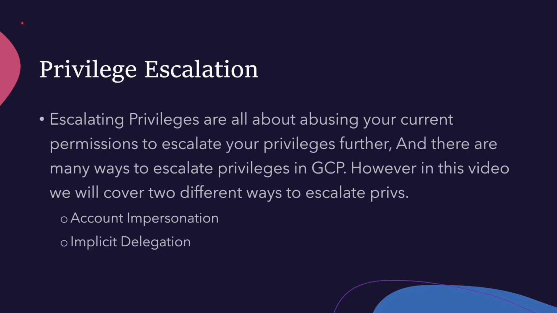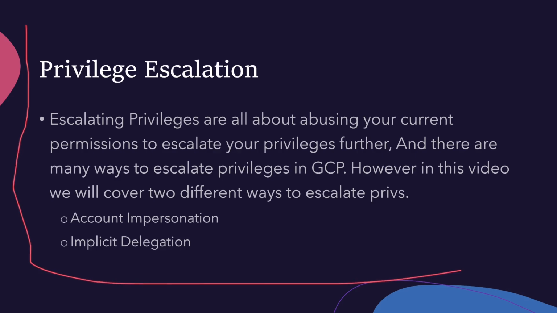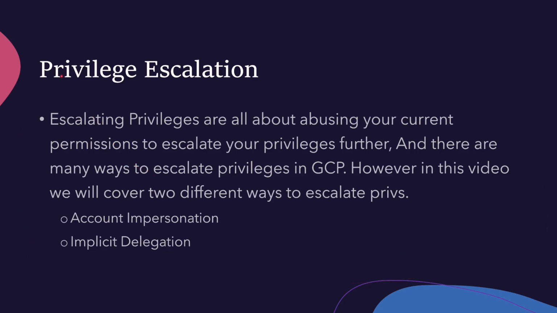Alrighty, so now it's time to talk about privilege escalation, the coolest topic, right? Escalating privileges is all about abusing your current permissions to escalate your privileges further, and there may be many ways to do that in GCP.